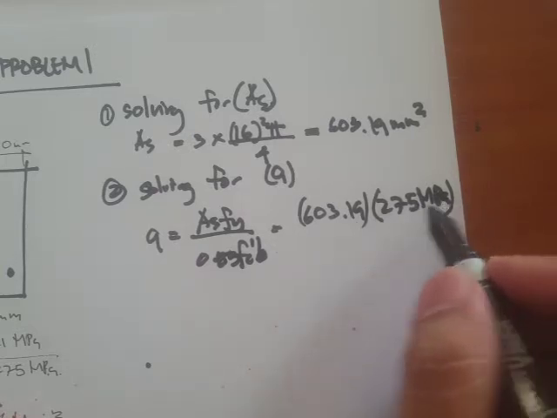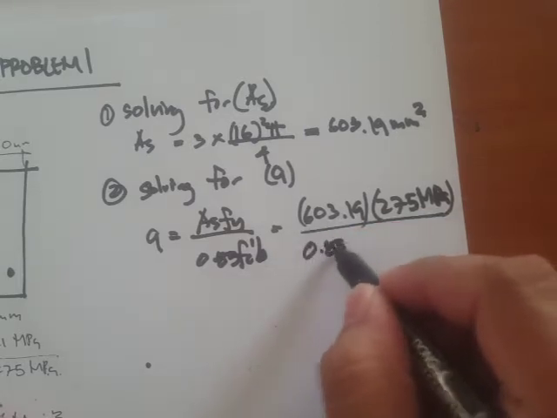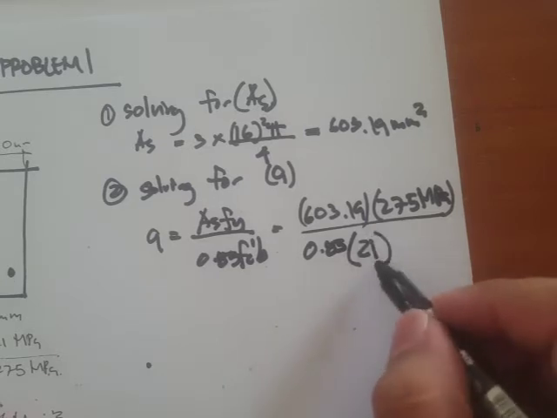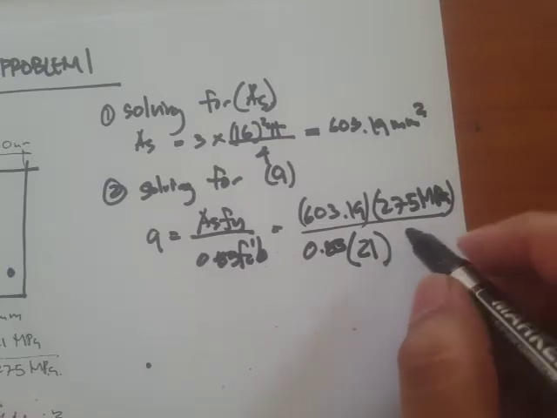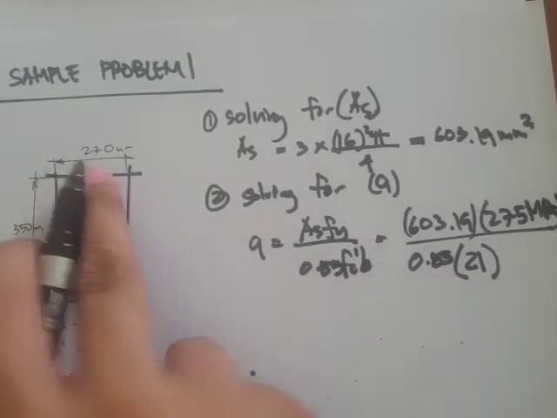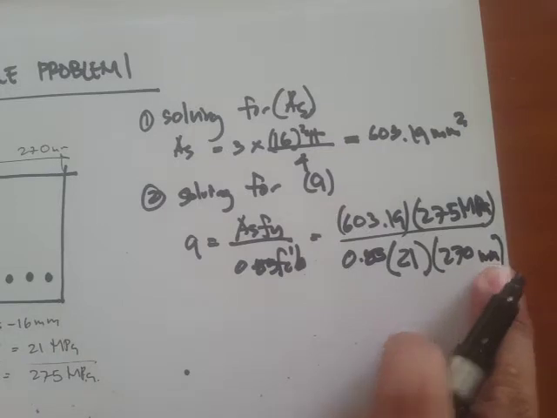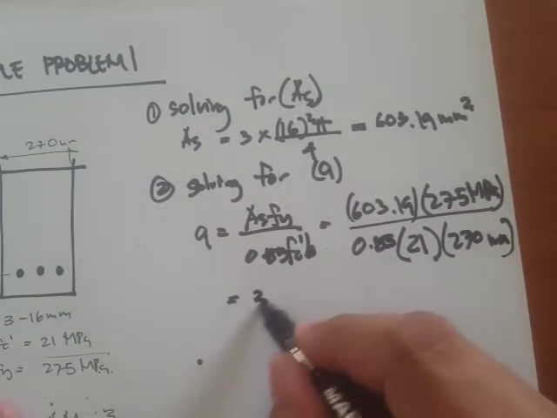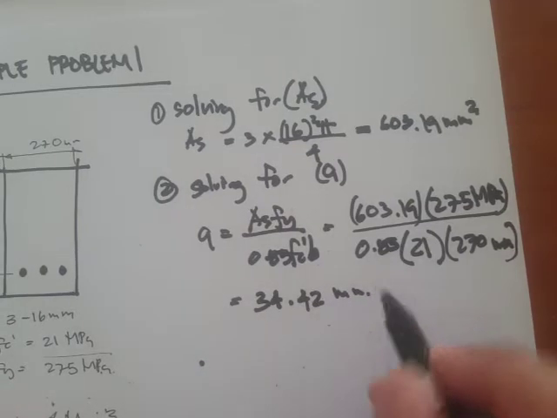And we have the 0.85, and what's our f'c? We have 21 megapascals, and our b is 270, that's in mm. So mm squared divided by mm, we get a unit of mm. If you compute that, what you get is 34.42 mm.